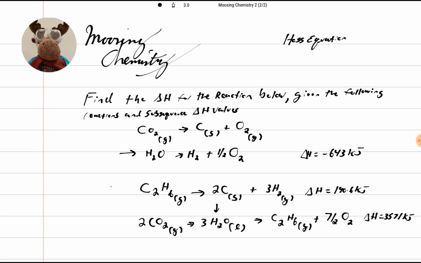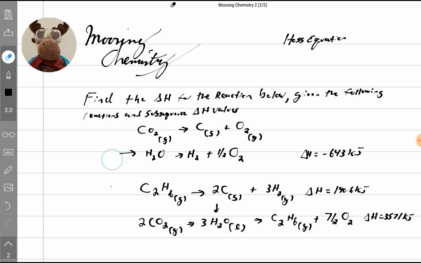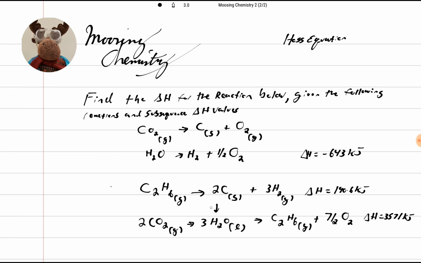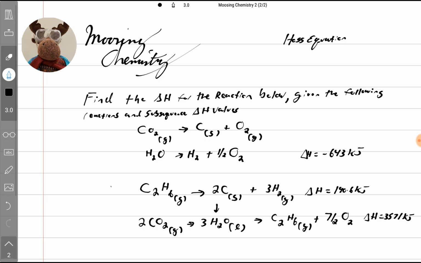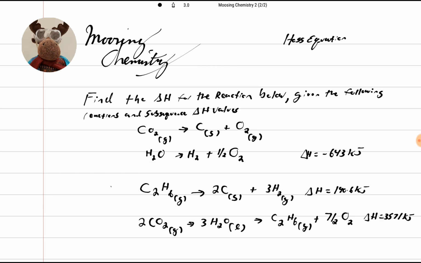So what we're going to do now, let's see here. We're going to clear out a couple things real quickly, and we want to get rid of this other arrow too, so we can clean things up a bit. All right, here we go. I'm going to flip this first equation.